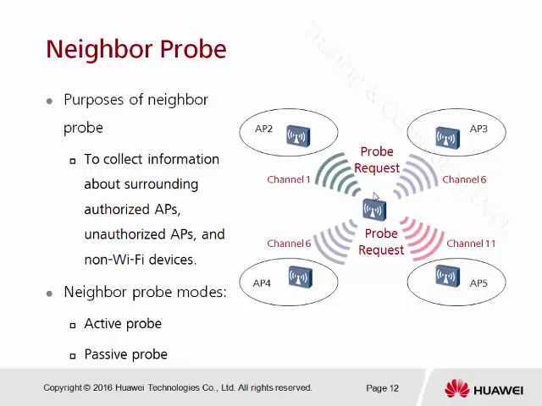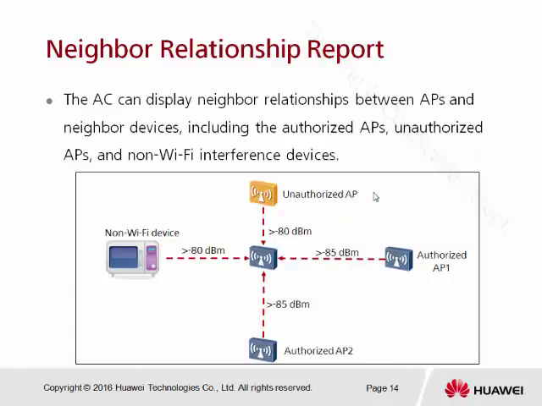Below here, for the neighbor probe mode, there are two different types: active probe and passive probe. The AC can display the neighbor relationship between the APs and the neighbor devices, including all the devices. As you can see, this is our current AP connected to the AC.